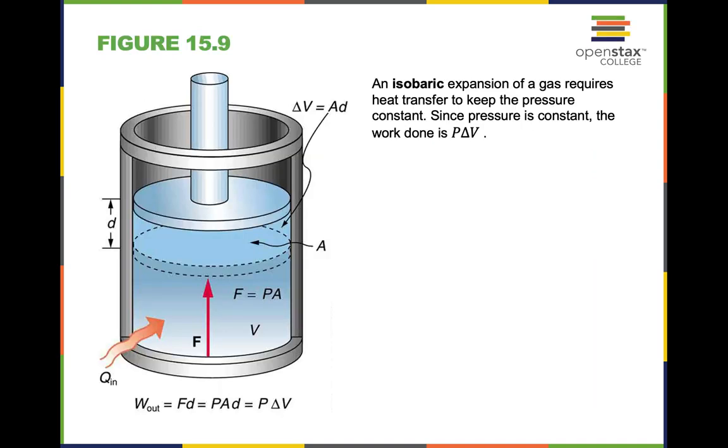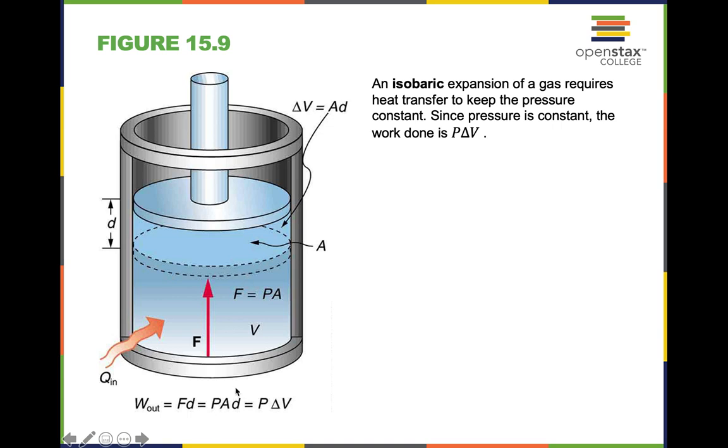So here for 15.9, an isobaric expansion of a gas requires heat transfer to keep the pressure constant. Since pressure is constant, the work done is P times the change in volume. So here we have our work out, which means the work done here is FD. We have our distance here.